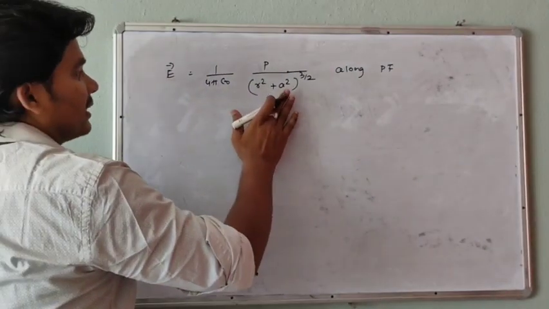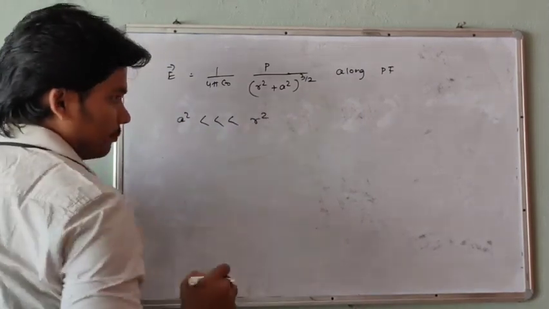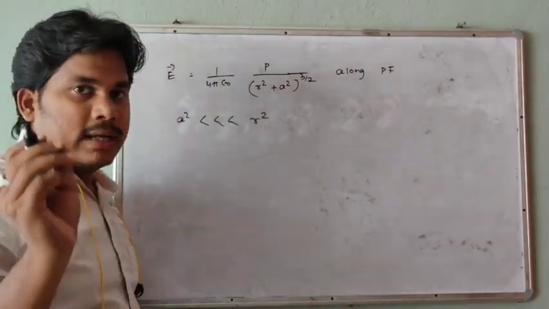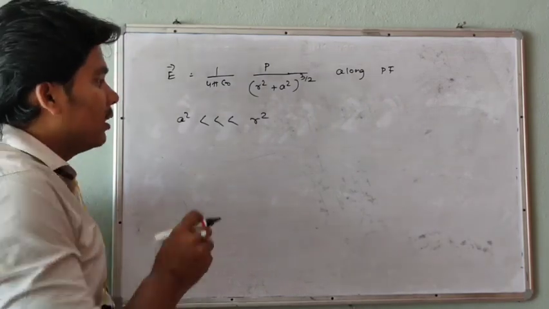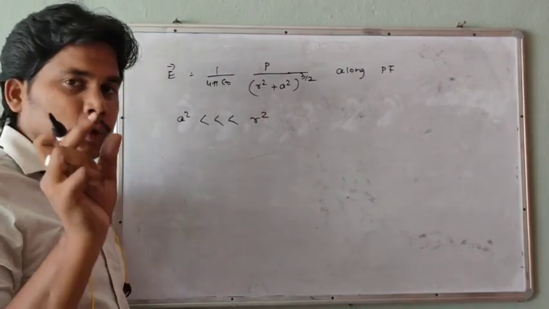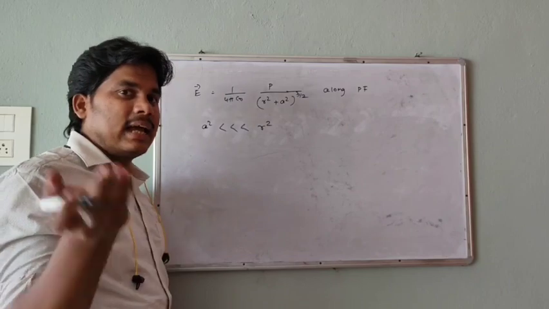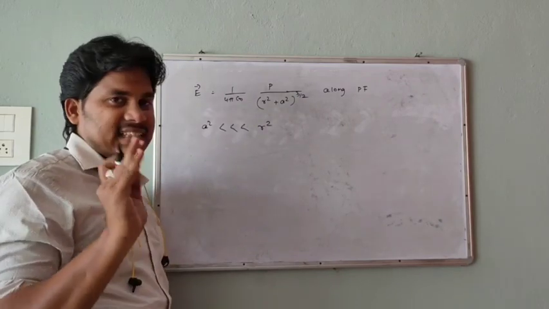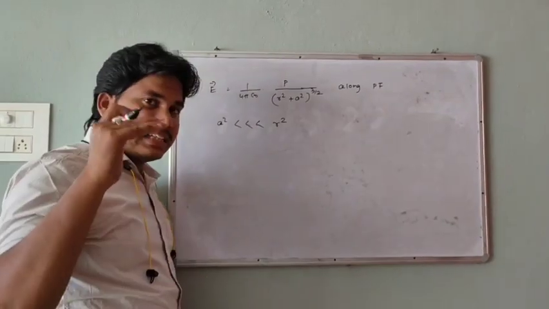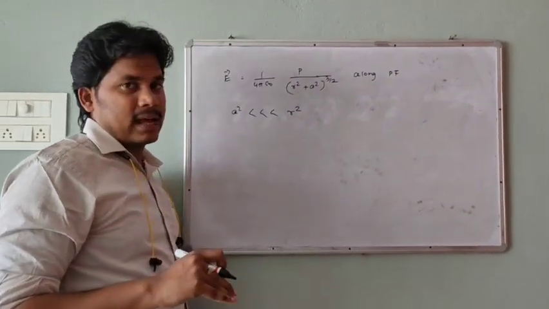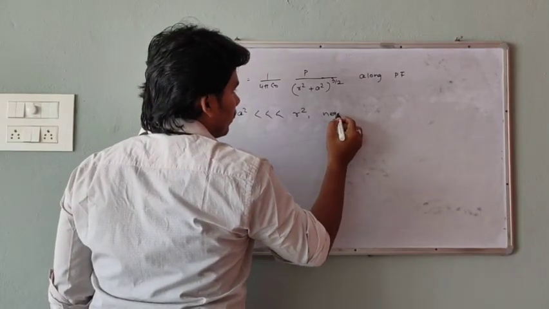See, as you know, this a square value is very less as compared to r square, because I already told you that for the dipole the charges are closely separated. That means this distance is very less. 2a is the separation distance, and a is half of it, very less as compared to r. That's why I am neglecting the value of a square.